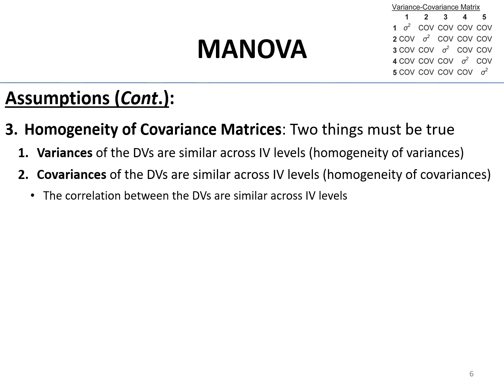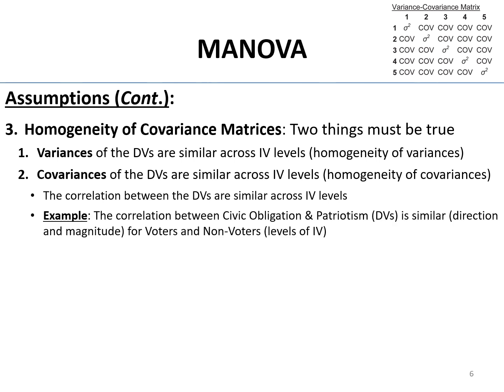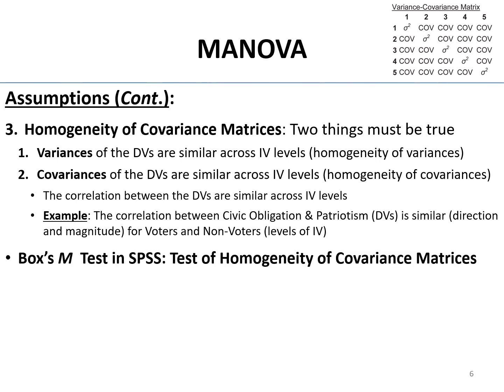So the dependent variables are approximately the same direction and magnitude of correlation for each level of the independent variable or cell of the design. So, for example, this would state that the correlation between civic obligation and patriotism in the example is similar in direction and magnitude for voters and for non-voters. Whatever that correlation is, it's about the same for voters and non-voters.